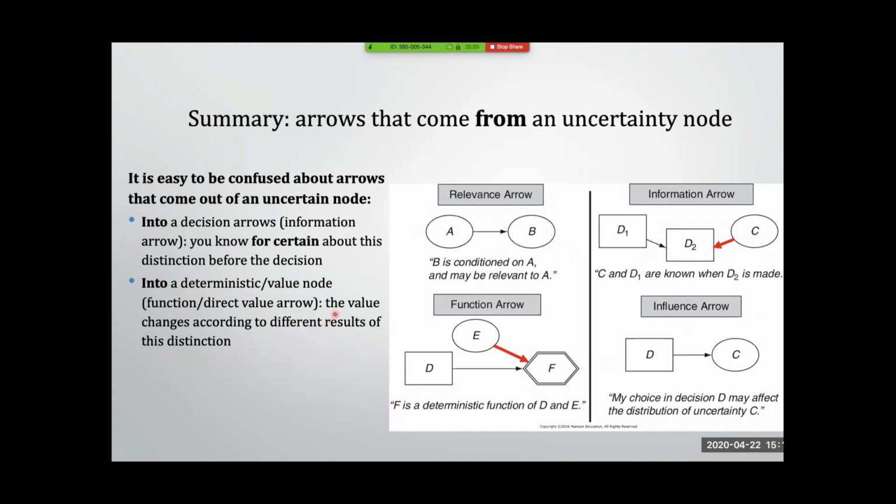That would represent the fact that the uncertainty over here is going to determine the value over here. And over here, if it is going into another uncertain node, that arrow simply means that the two distinctions are possibly relevant to each other.